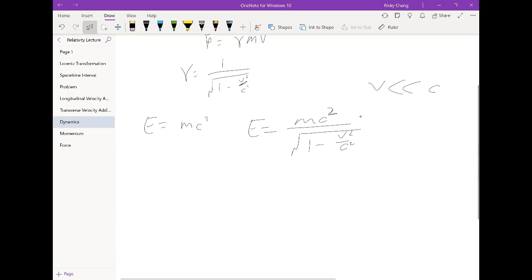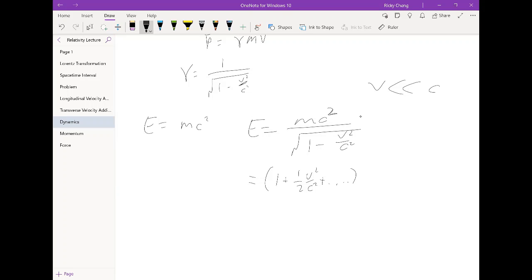Then we can do a binomial expansion on 1 over the square root of 1 minus v squared over c squared, which is 1 minus v squared over c squared to the power of 1/2. We will get something like 1 plus 1/2 times v squared over c squared plus some other quantities.